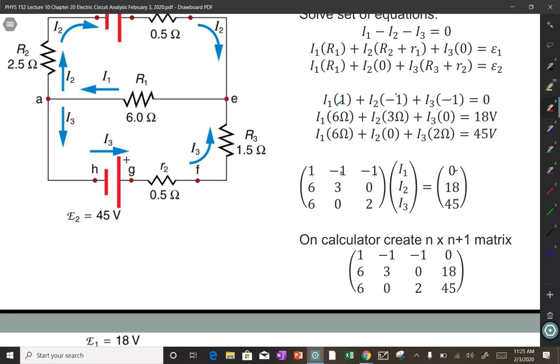So now you put in 1, enter, -1, enter, -1, enter, 0, enter, 6, enter, 3, enter, 0, enter. It'll be fine if you use it the other way as well. 6, enter, 0, enter, 2, enter, 45, enter. So you should have your matrix completely filled.